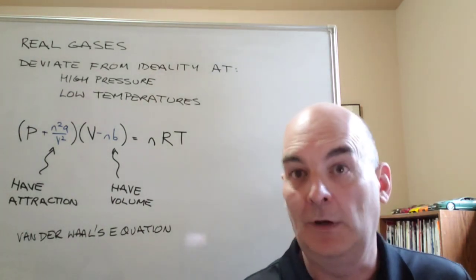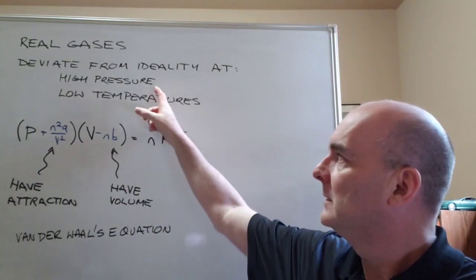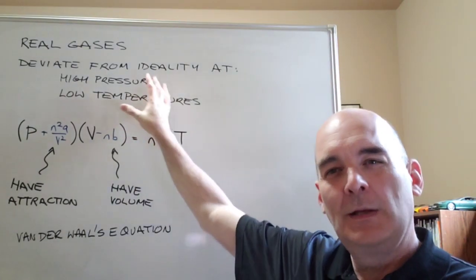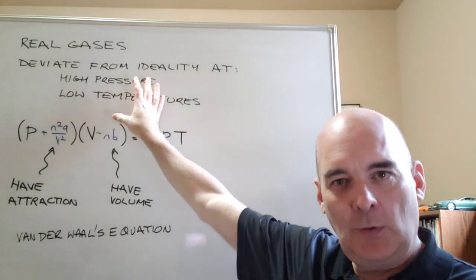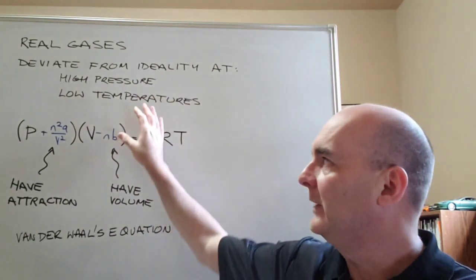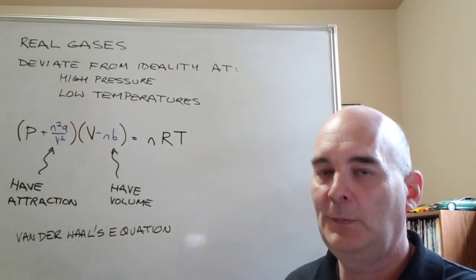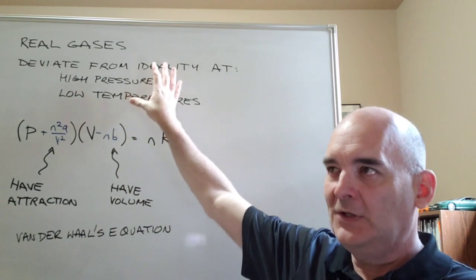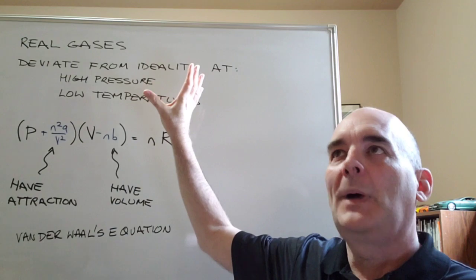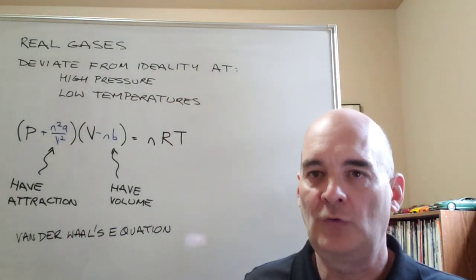Those two things are not true. And as we get to higher pressure and lower temperature, getting closer to being a liquid, if you pressurize a gas, eventually it will liquefy. If you take a gas and you remove heat from it, eventually it will become a liquid. So if I set up conditions where I am close to the liquid boundary, my ideal gas now starts to behave like a real gas.